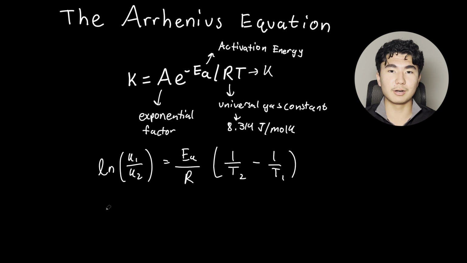So it's going to be ln of k equals negative of our activation energy over R times 1 over temperature plus ln of A, and this replicates our y equals mx plus b.